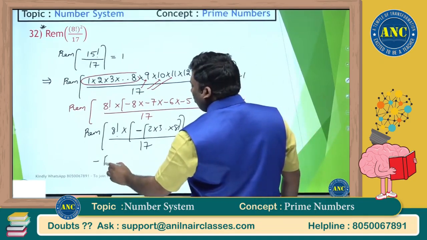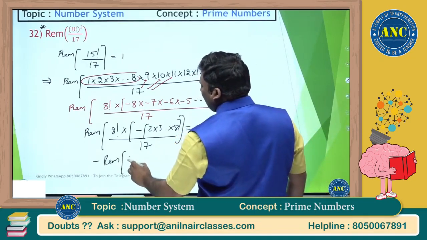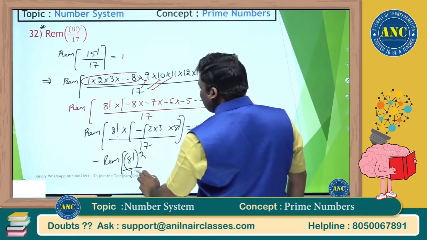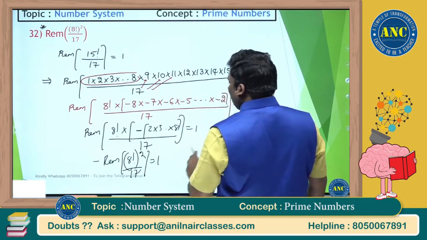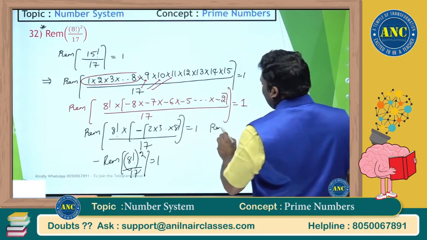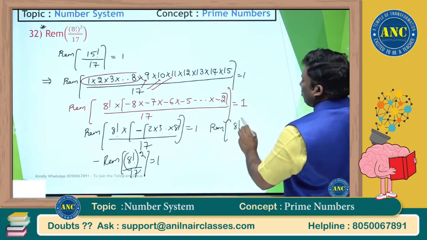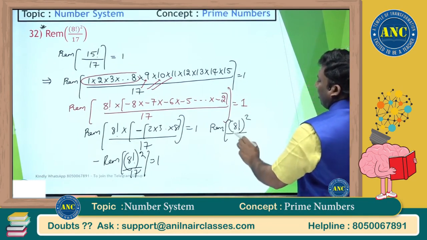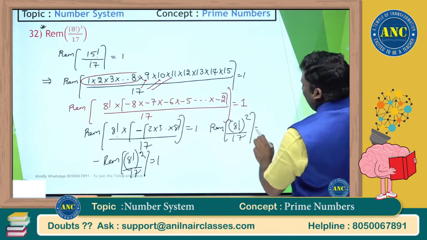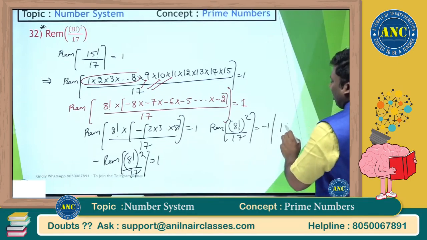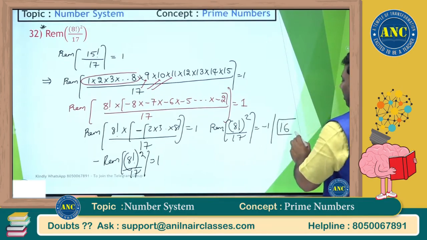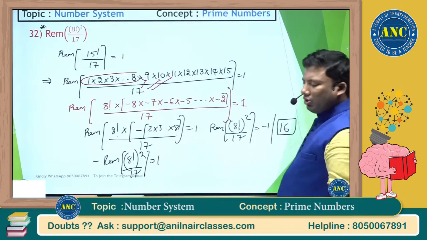Minus out, 2 into 3 into and so on up to 8 is 8 factorial, whole square divided by 17, it is 1. So this will be 8 factorial whole square divided by 17 is minus 1, negative remainder minus 1, positive remainder 16. Very, very good question.